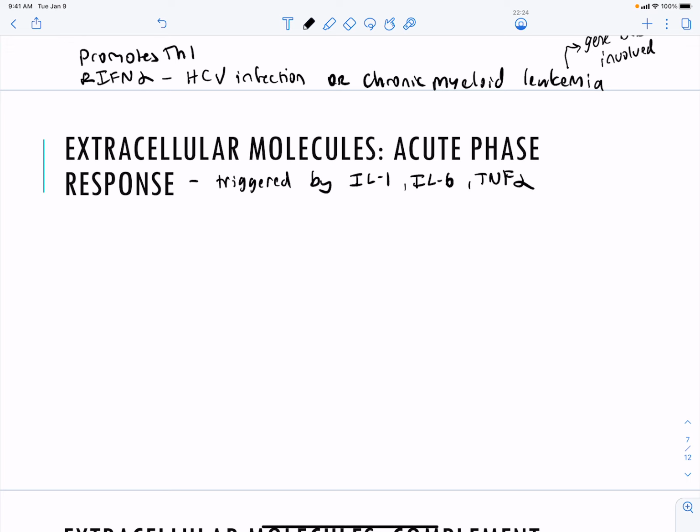The proteins are going to increase what's called the erythrocyte sedimentation rate, which is going to be diagnostic.